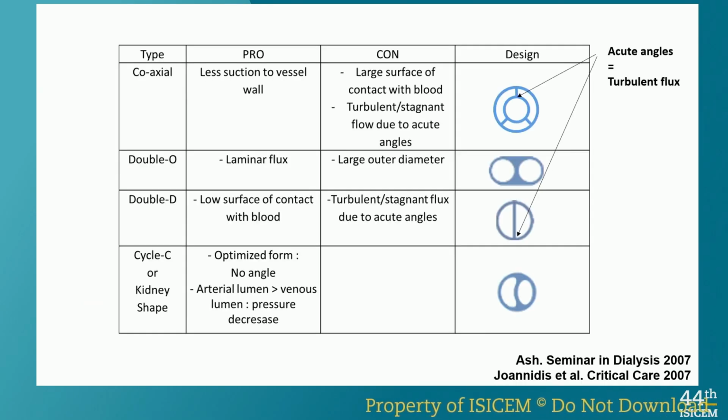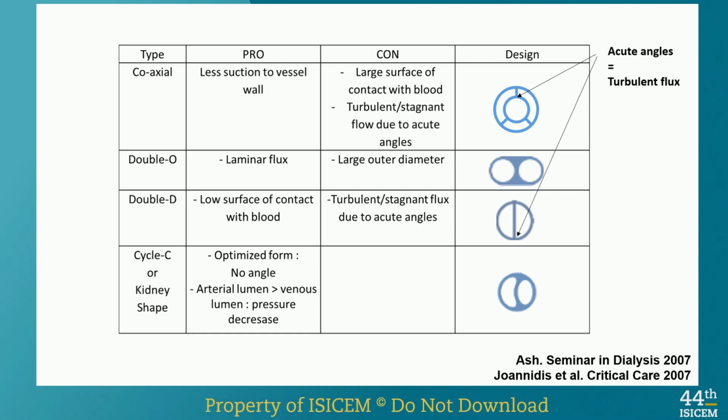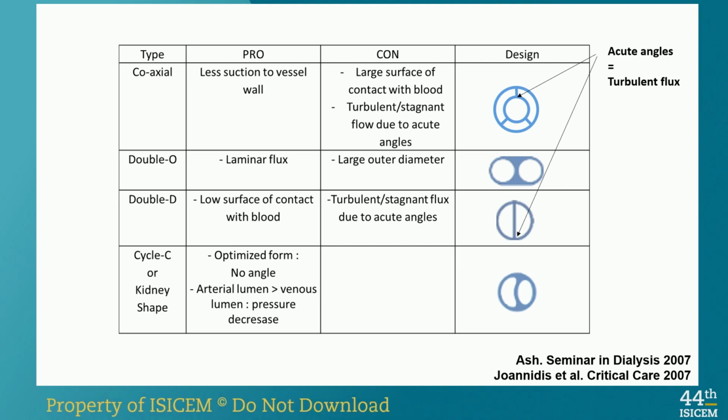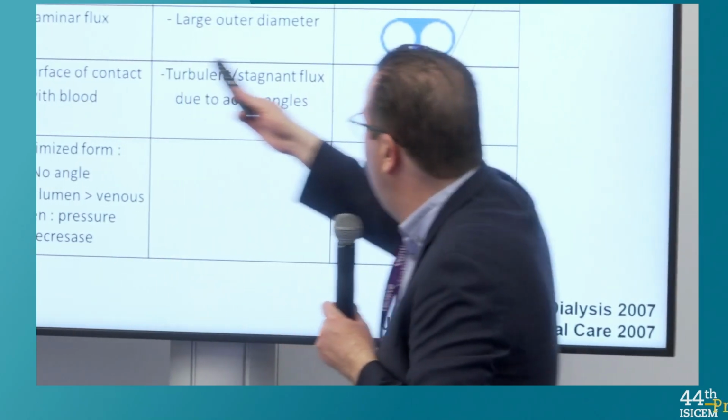So, you have turbulent flux when you have angles inside. If you have angles, you have a lot of turbulent flux, which means thrombosis. So actually, the coaxial catheter, you are going to see that, has a lot of turbulent flux here. So it means thrombosis. You also have the double O catheter.